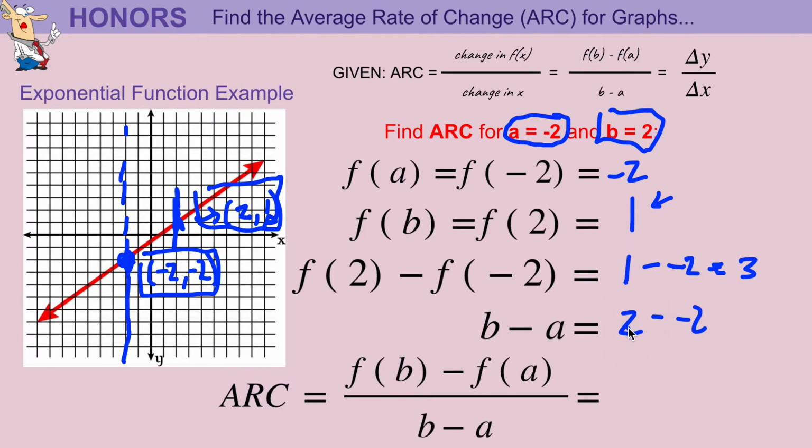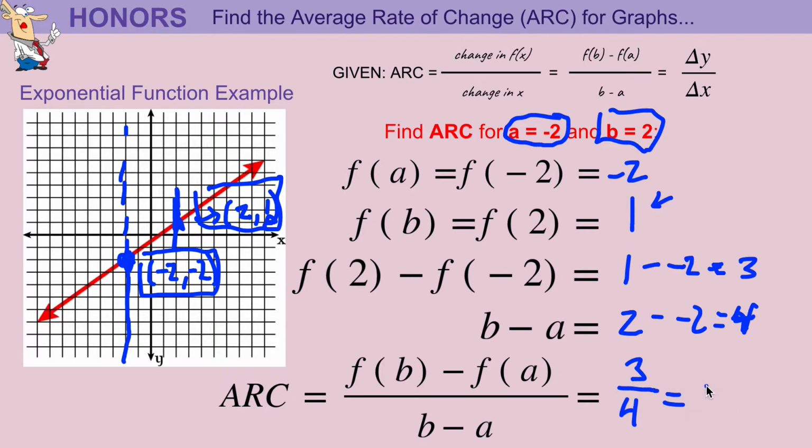In this case, that is 2 minus a -2, which gives 4. All right, so then we go ahead and plug it into the average rate of change formula, putting 3 on the numerator, or the top, and 4 on the bottom, or the denominator.